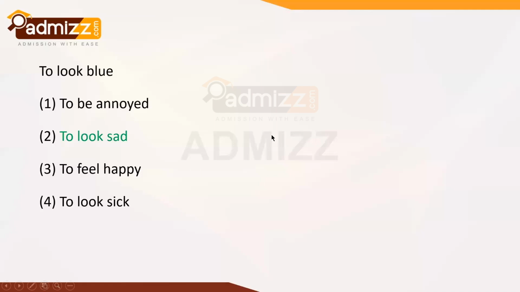Absolutely. Most of you guessed option number 2, and that's the correct answer. To look blue means to look sad, right? Because blue in literature and historical English symbolizes sadness, while green symbolizes life and gray symbolizes absence of life. Blue symbolizes this effect of sadness, right?